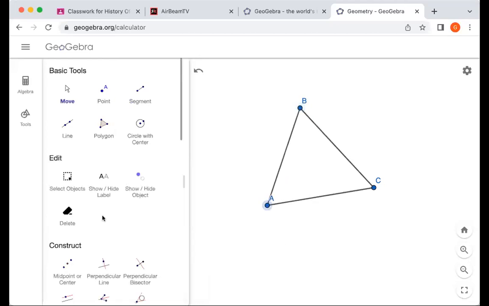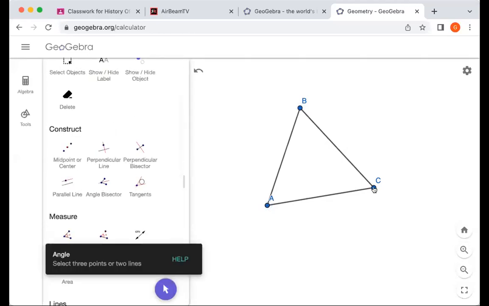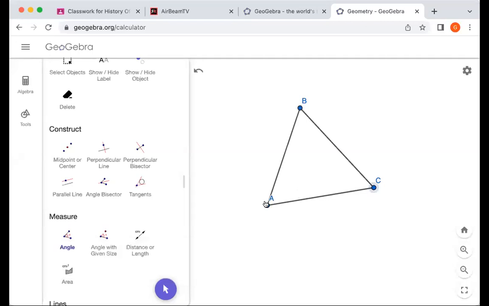And then I can do stuff. I can measure the angles. You have to click on these. You click on the vertex second. You go in a clockwise fashion, otherwise it measures the outer part.